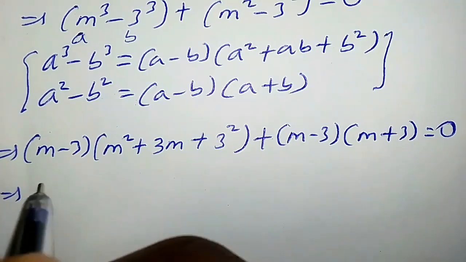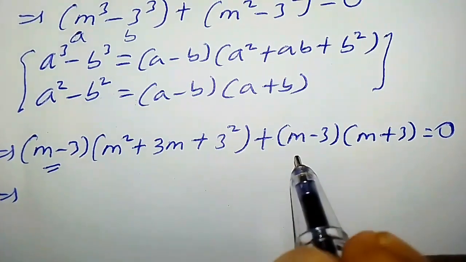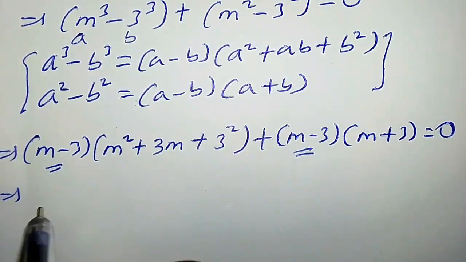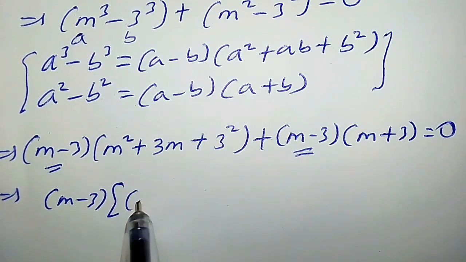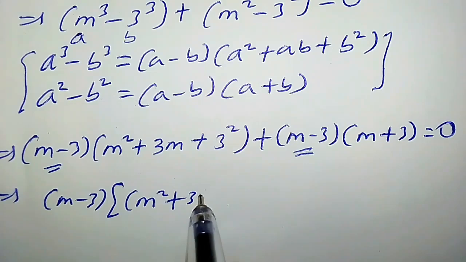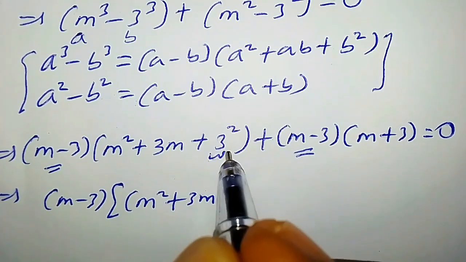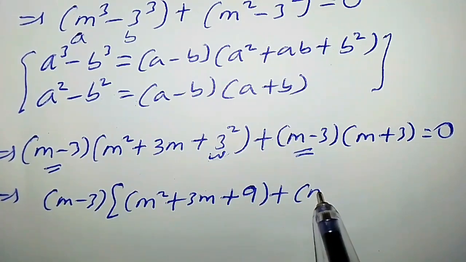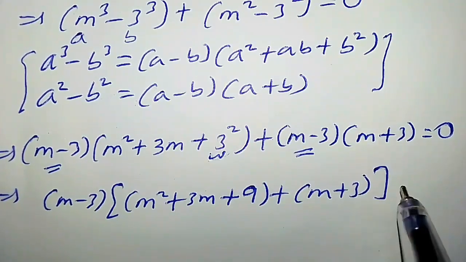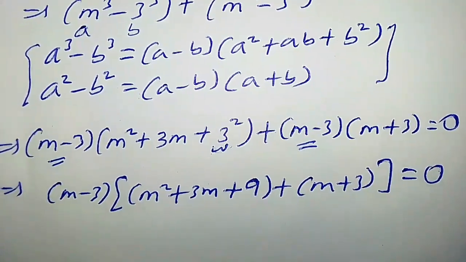You will notice that m minus 3 is common. I can pull it out. So I have m minus 3 into m square plus 3m plus, what is 3 square? That is simply 9, plus m plus 3, equal to 0.